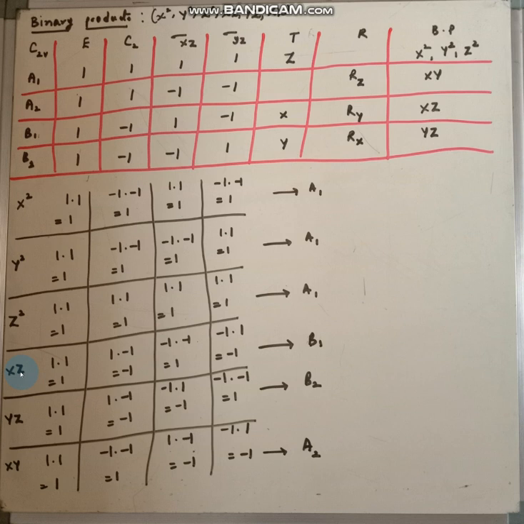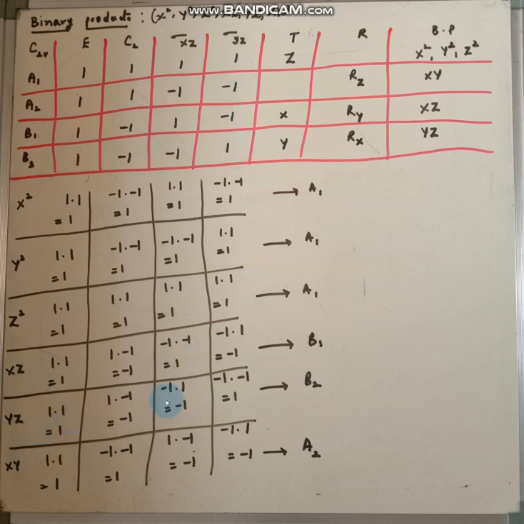Similarly, xz. xz means x is multiplied with z. I should multiply 1 into 1, 1 into minus 1, and so on, and we get the result that corresponds to B1. Similarly, yz. y is multiplied with z: 1 into 1, 1 into minus 1, 1 into minus 1, 1 into 1.